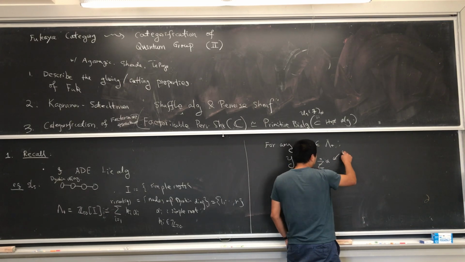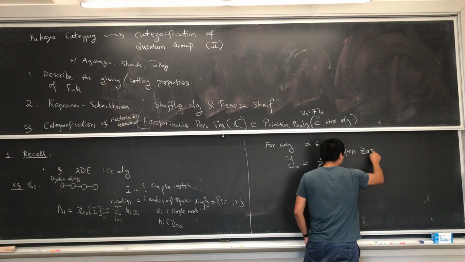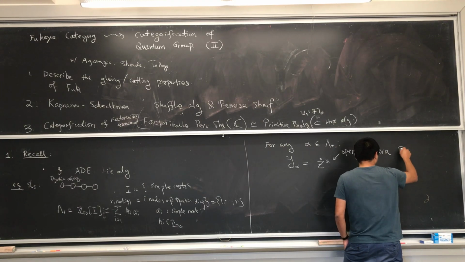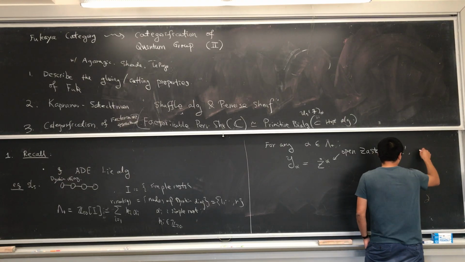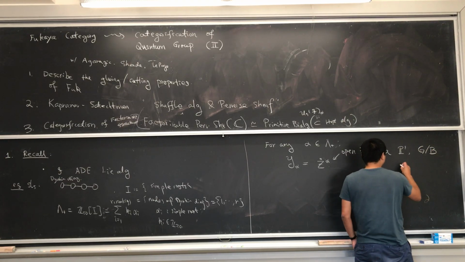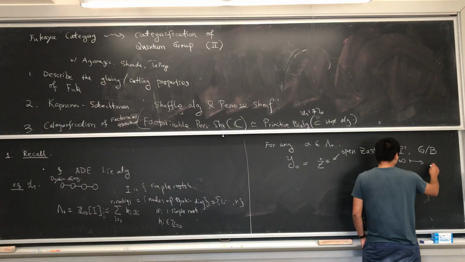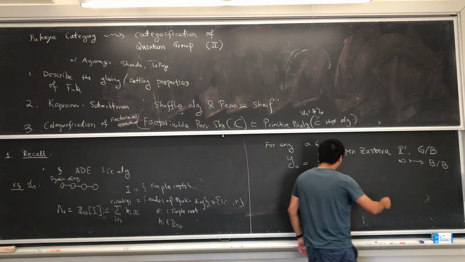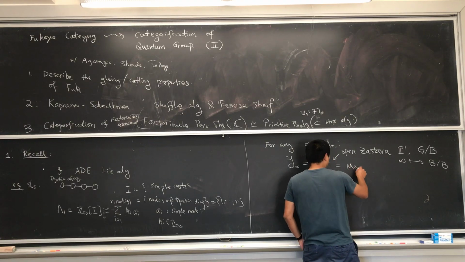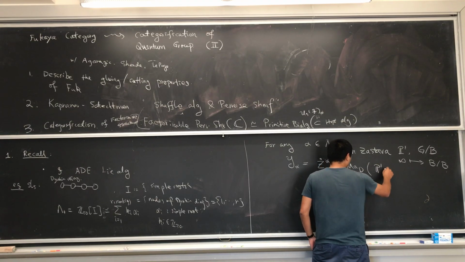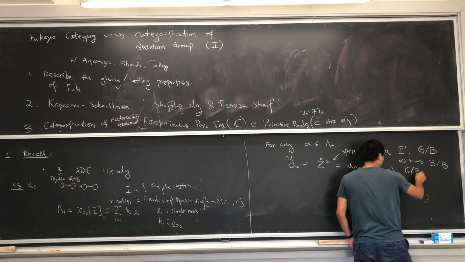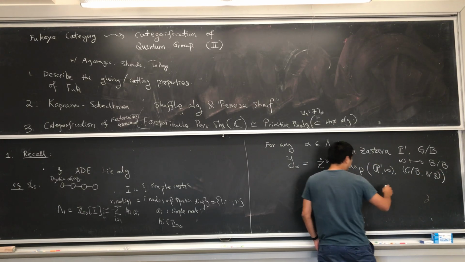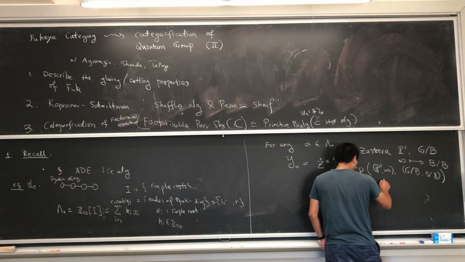This is the open Zastava space from P1 of P1 mapping to G mod B, and sending infinity in P1 goes to B mod B. So this is the mapping space of such space. Holomorphic maps, and degree equals to alpha.